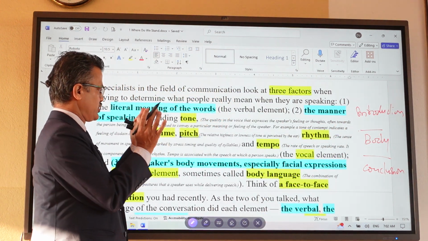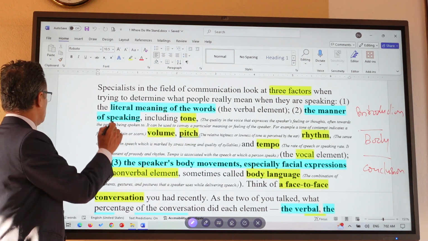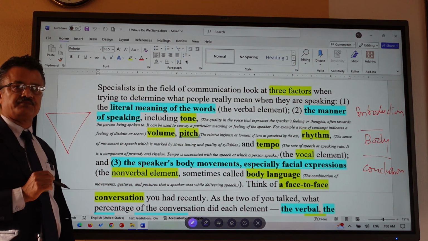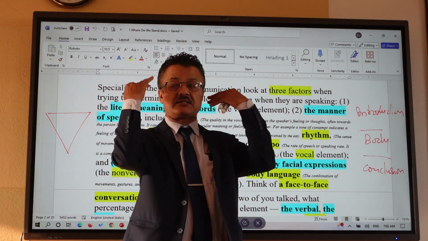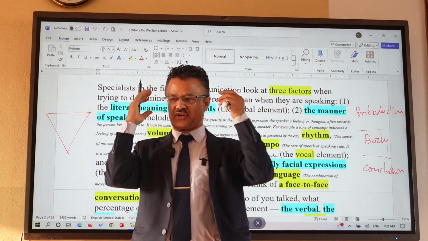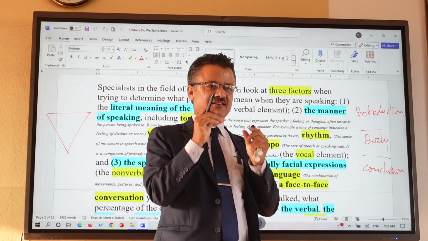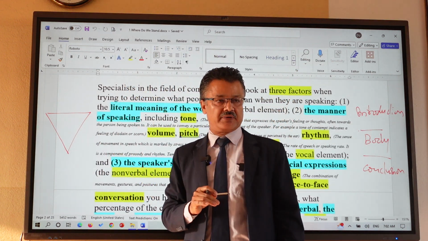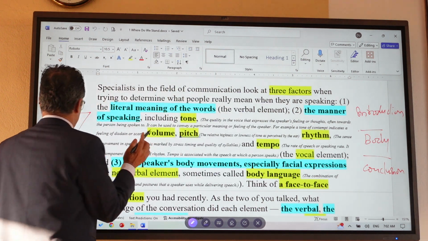Now, the introduction is often imagined as an inverse pyramid. If you want to imagine graphically the structure of introduction, you can imagine an inverse pyramid. What does this mean?